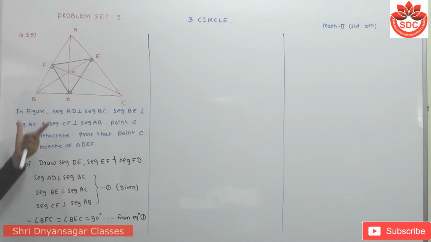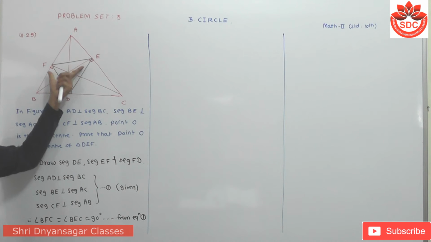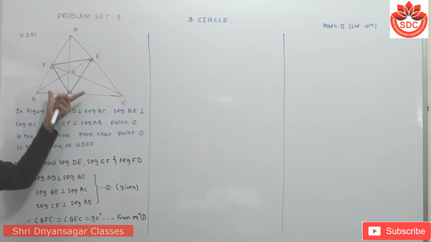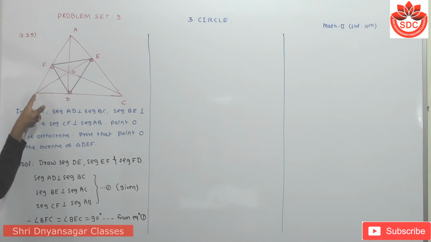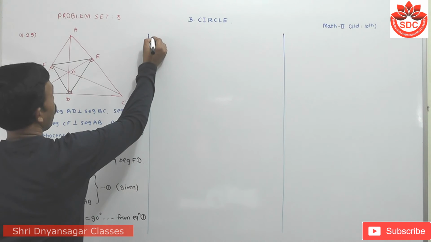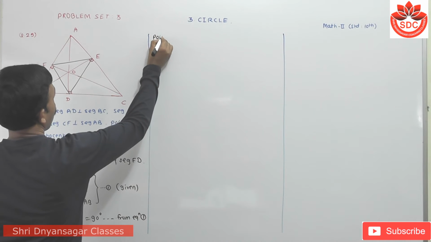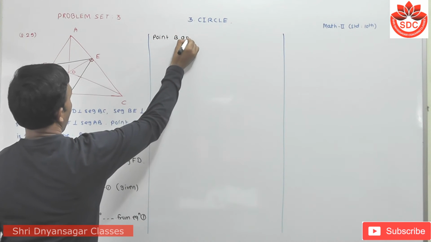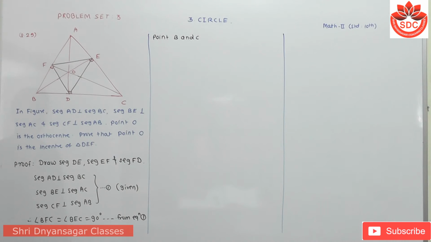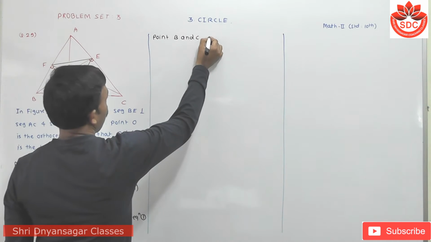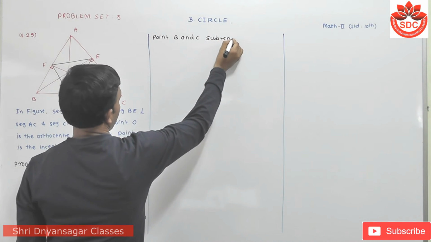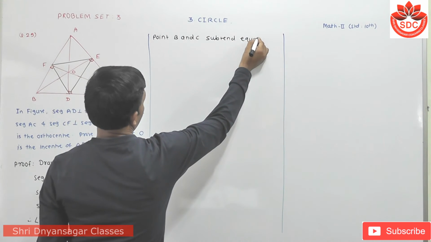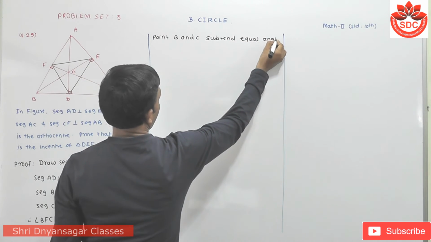Student, look carefully. These two angles are equal angles to the same side of the line BC. By using this theorem, these 4 points B, F, E, C are concyclic. So I will write this statement first. Now here, points B and C subtend equal angles.